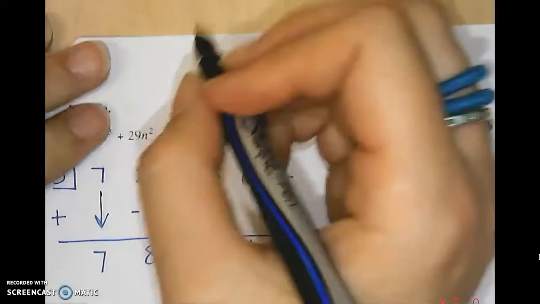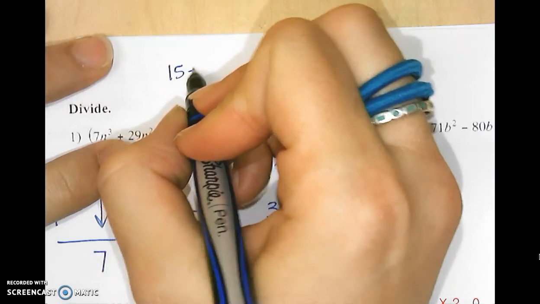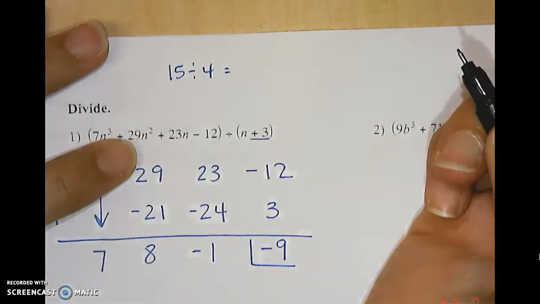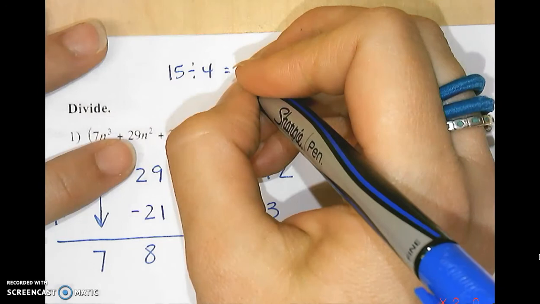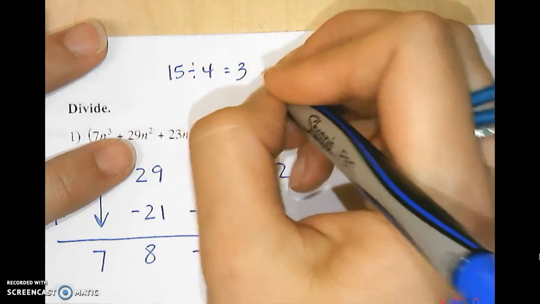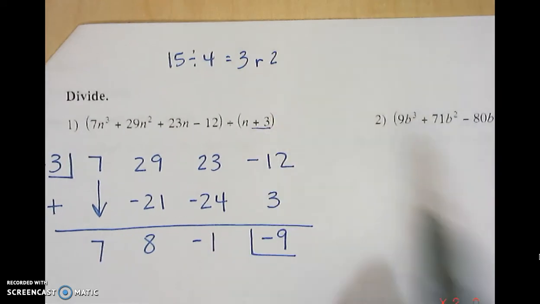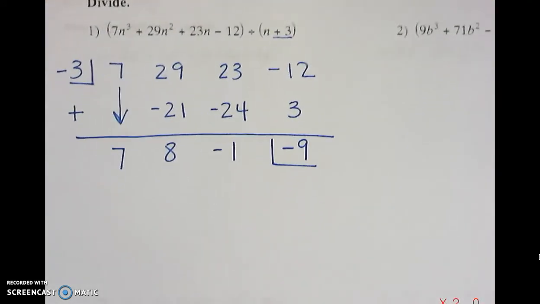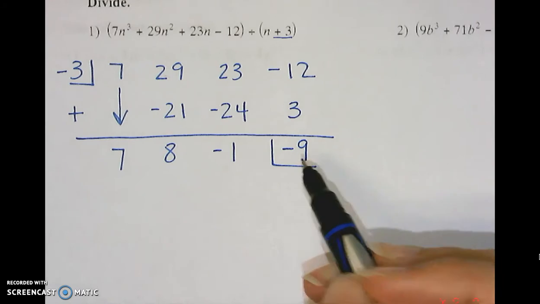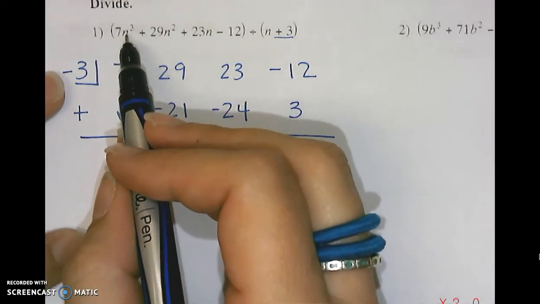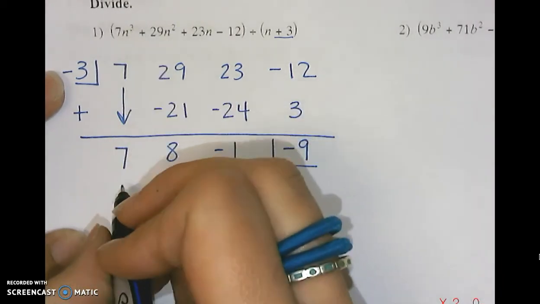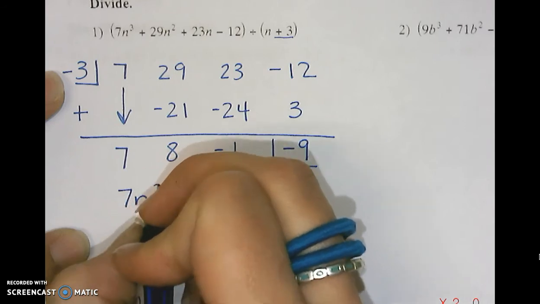This would be like me telling you 15 divided by 4. That would be 3, and you'd have 2 left over, remainder 2. Remember back in the day when you could write remainder? This is my remainder here. My original problem was n to the third, so my answer is going to start with n squared.